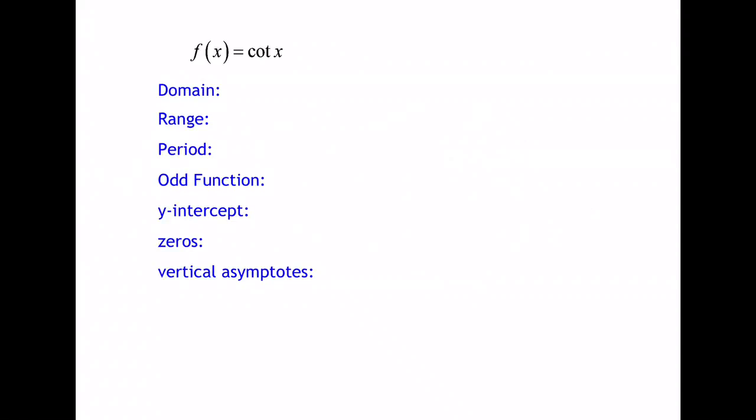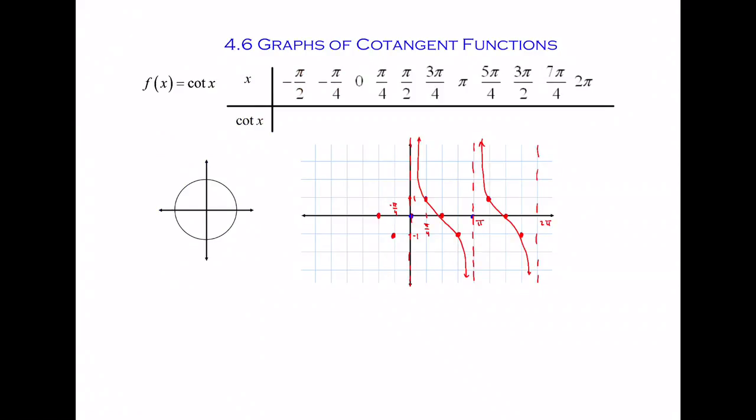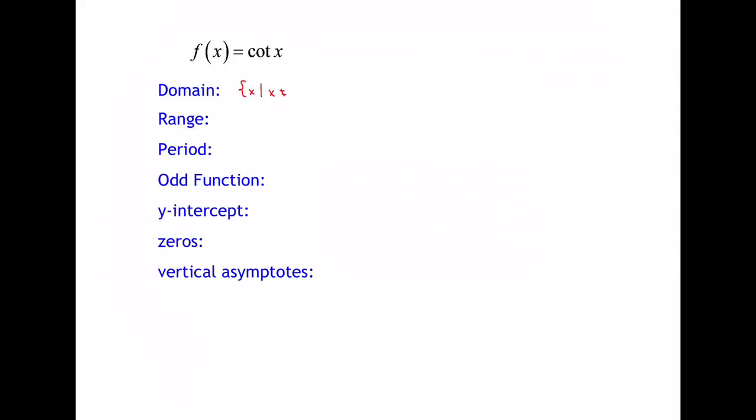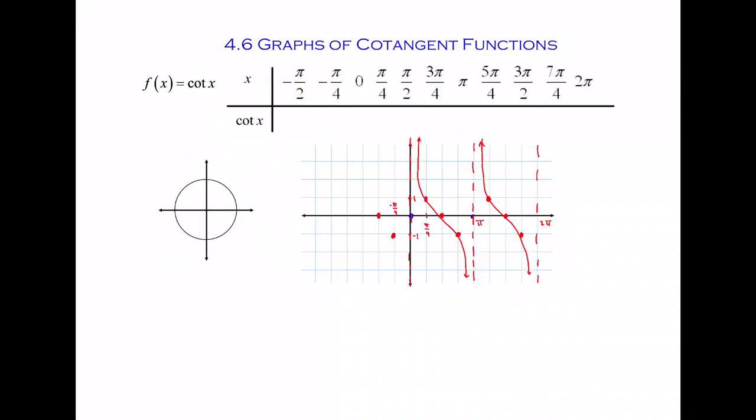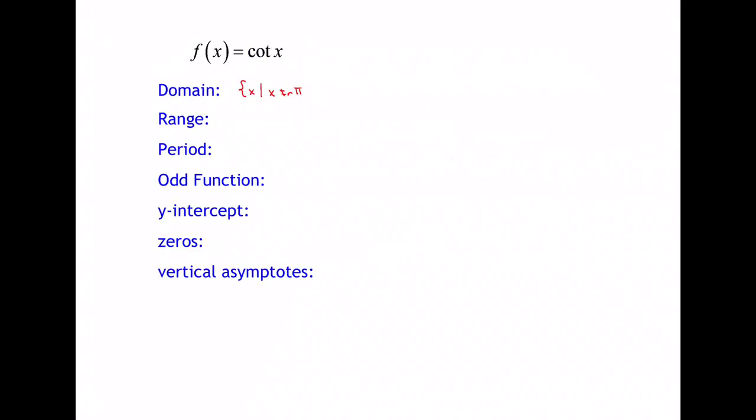So now let's go through and identify a couple characteristics of cotangent. The domain will be x such that x cannot equal, and where's that first vertical asymptote? At pi. So x cannot equal n times pi, and you can see that occurs at every integer multiple of pi, where n is an integer.